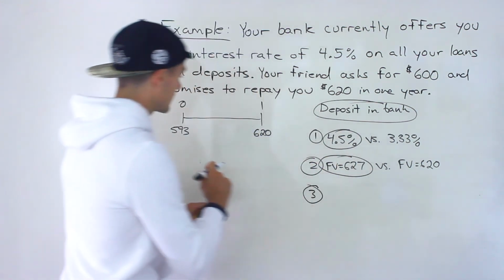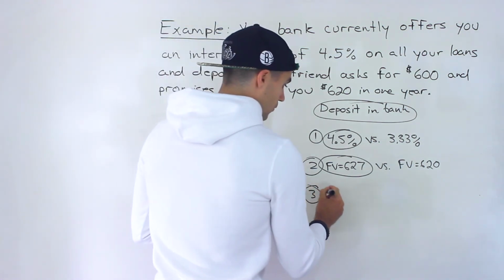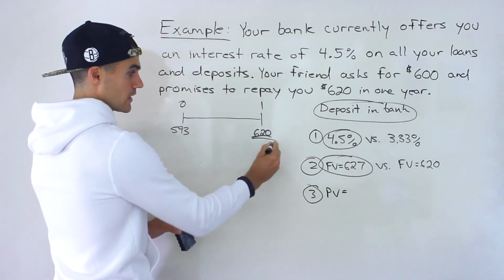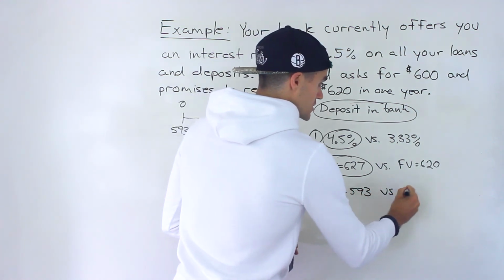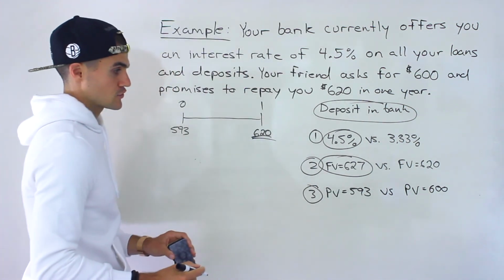And then the other perspective is looking at both present values. With the bank, to get 620, we only have to invest 593, versus with the friend, we have to invest 600 to get the same cash flow.